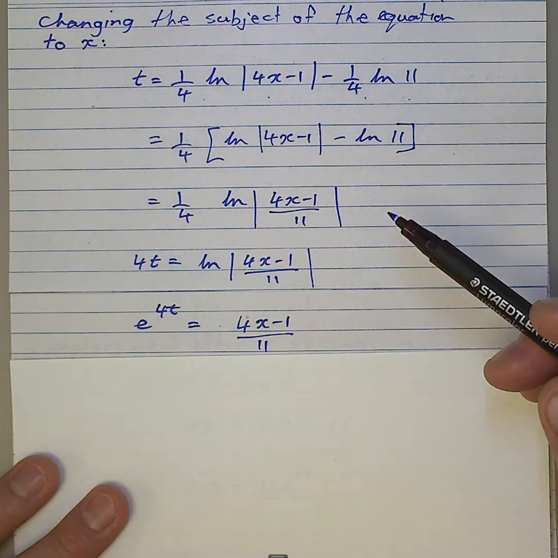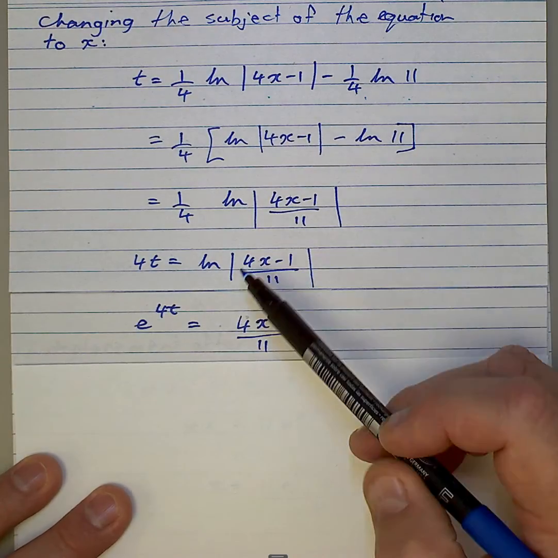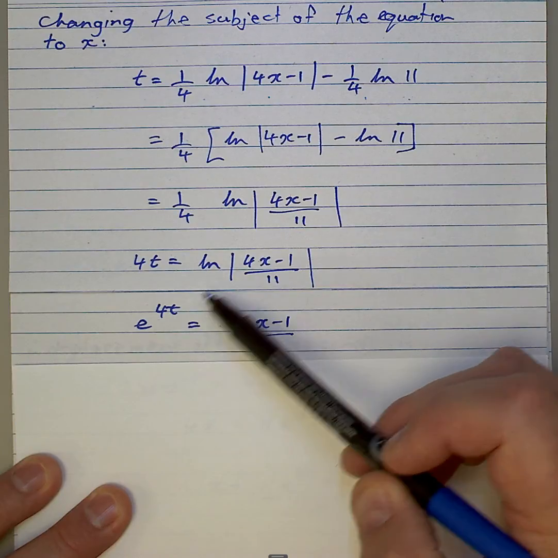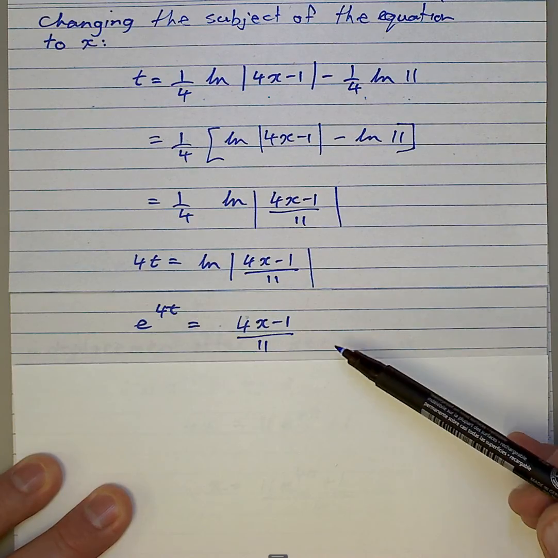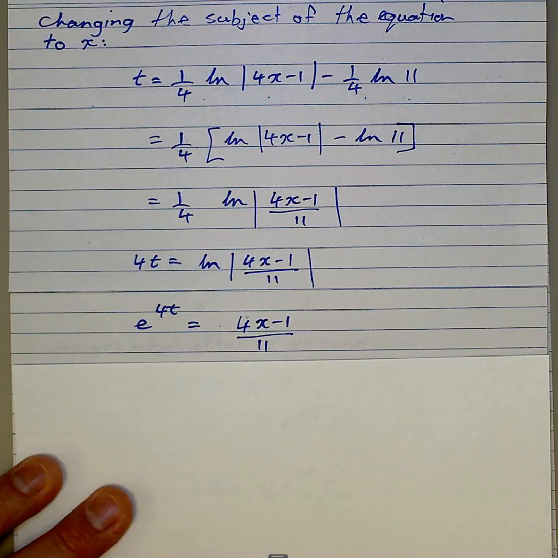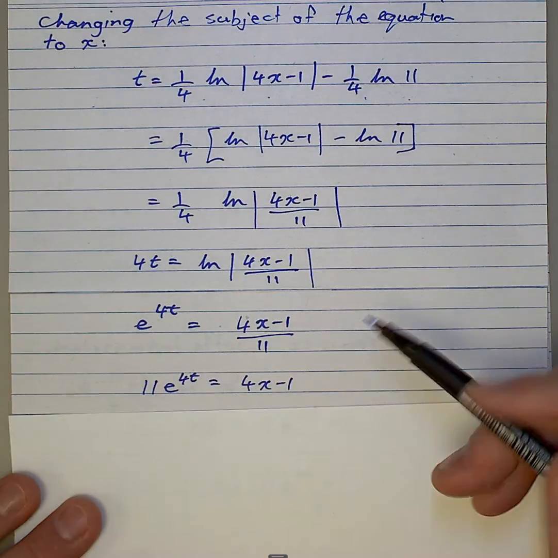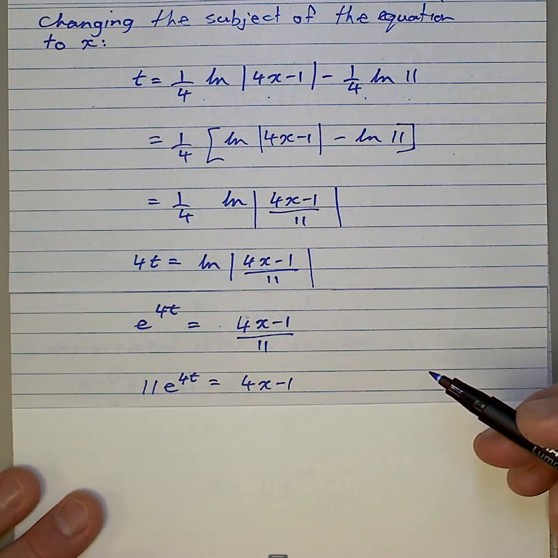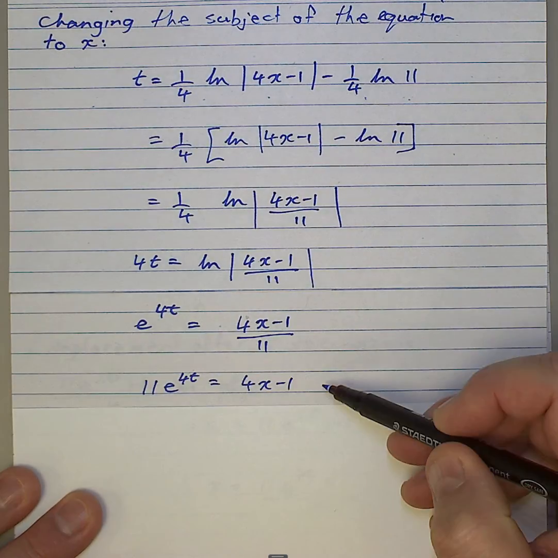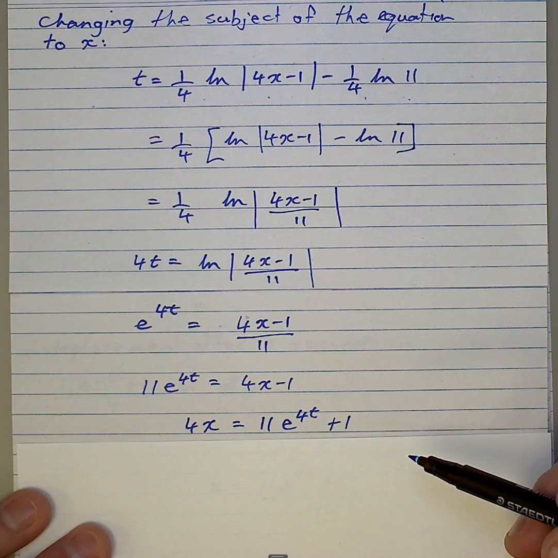And therefore, using my log definition, I can say that e to the power of 4t equals 4x minus 1 over 11. Now, just multiply both sides by 11 to get this expression down here.